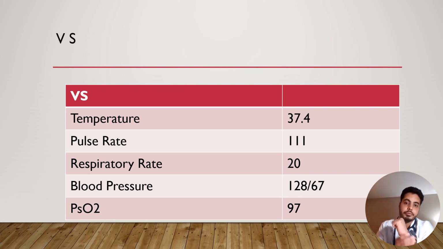Here we're gonna see the vital signs of this patient. Temperature 37.4, pulse rate 111, respiratory rate 20, blood pressure 128 over 67, PCO2 97.